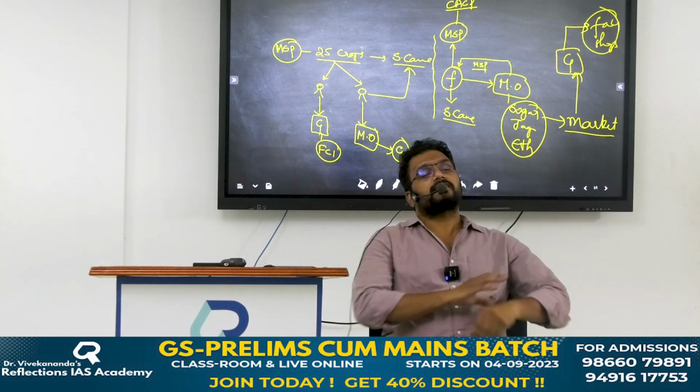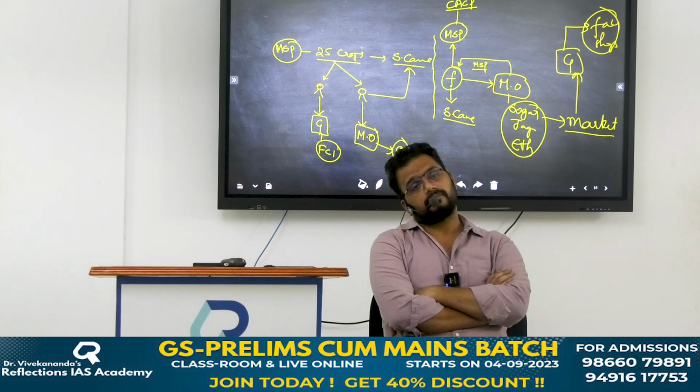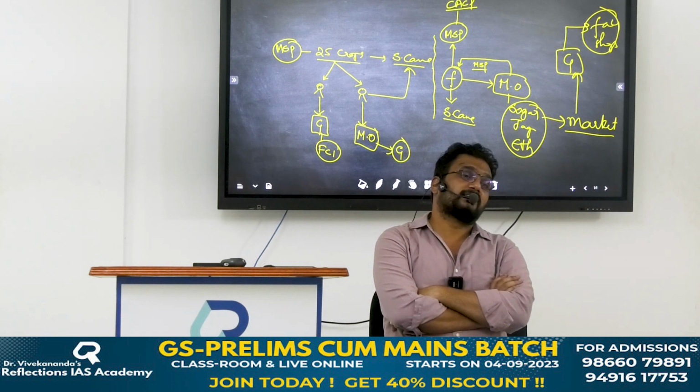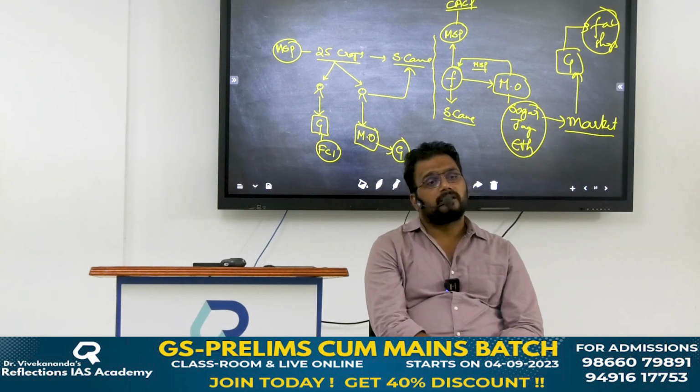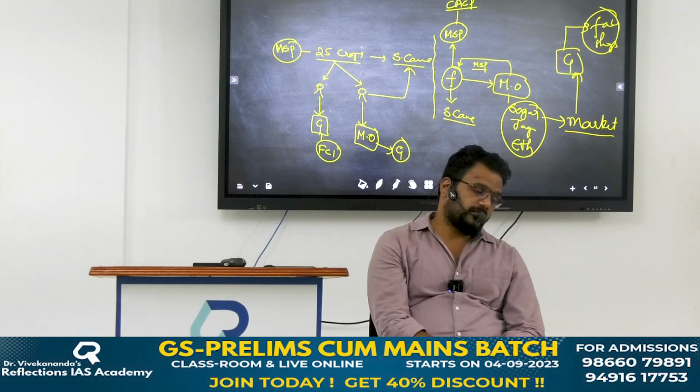And next important, if we could understand, there is one more product which is very similar to jute, called mesta. We call this MESTA. What is mesta? Mesta is a very similar form of jute.